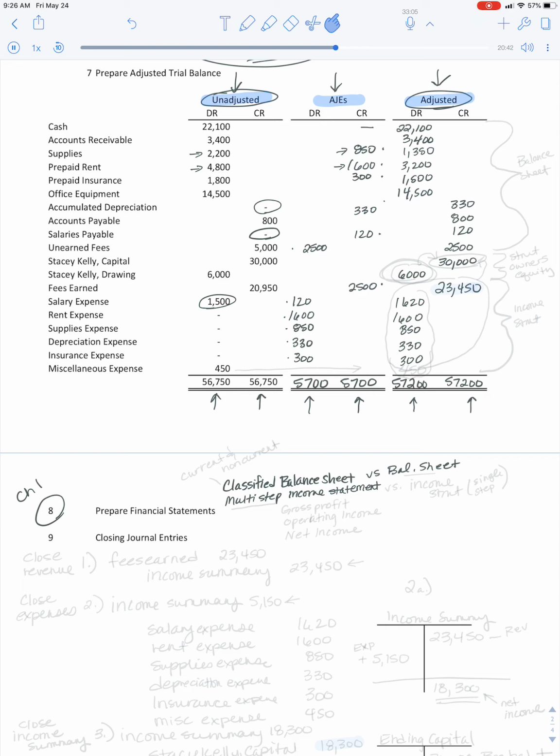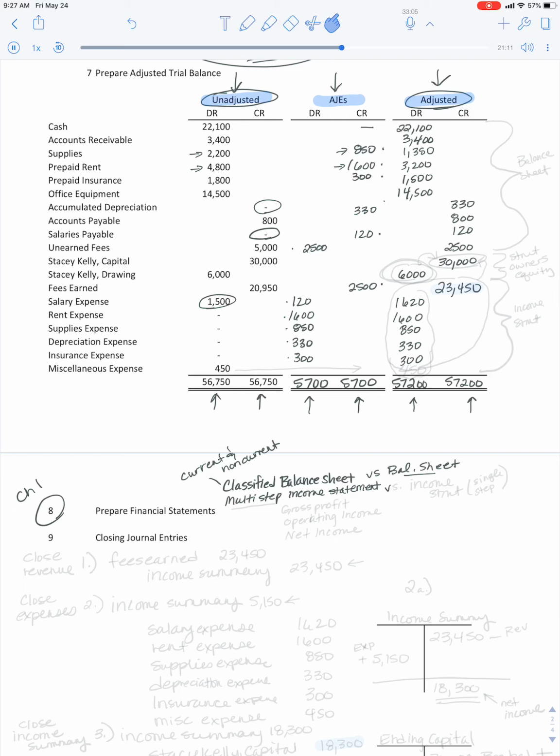The balance sheet in chapter 1, all the assets were just totaled up in one grand total. In a classified balance sheet, they're broken up between current and non-current. Same with the liabilities. In a plain balance sheet, all the liabilities would be totaled up in one main total, but in a classified balance sheet, they're distinguished between current and non-current.